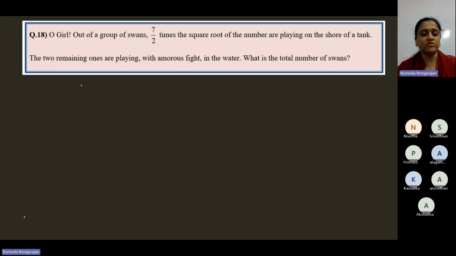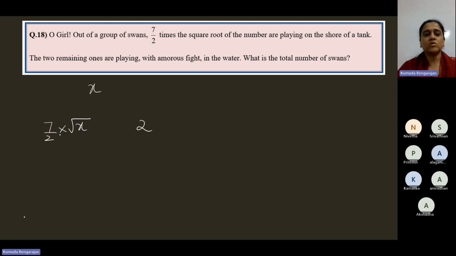Let the total number of swans be X. Now, 7 by 2 times means into square root of the number. The total number of swans is X. Now, this many swans are playing on the shore of a tank. The two remaining ones. So there are two remaining. The two remaining ones are playing with amorous fight in the water.